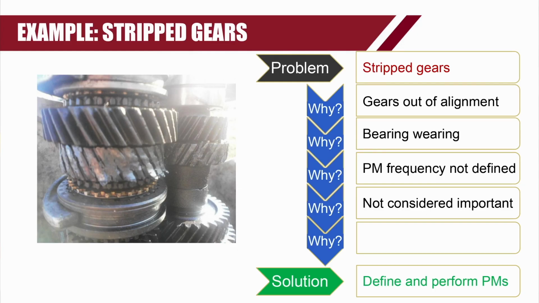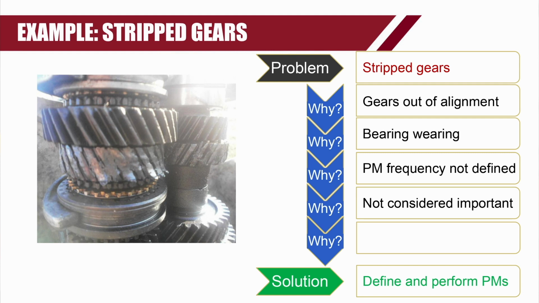And the process is very straightforward. You start out by putting your problem of stripped gears. The team then asks the question of why. In this particular case, the team determined that the gears were stripped because they were out of alignment. So why were the gears out of alignment? It was found that the bearing was wearing. So we ask why again. Why was the bearing wearing?